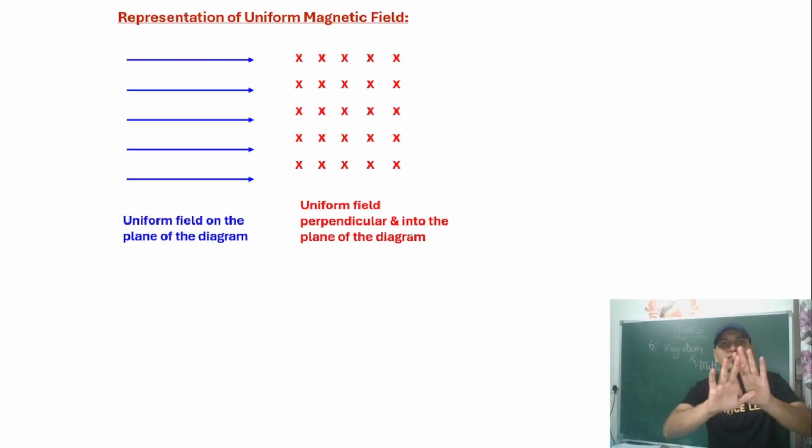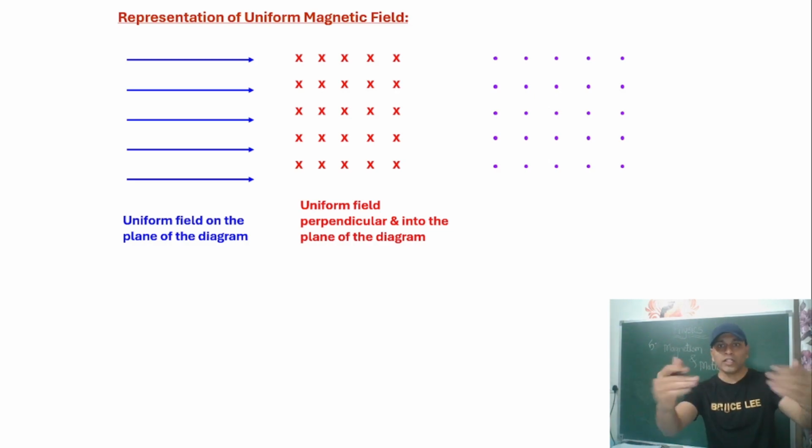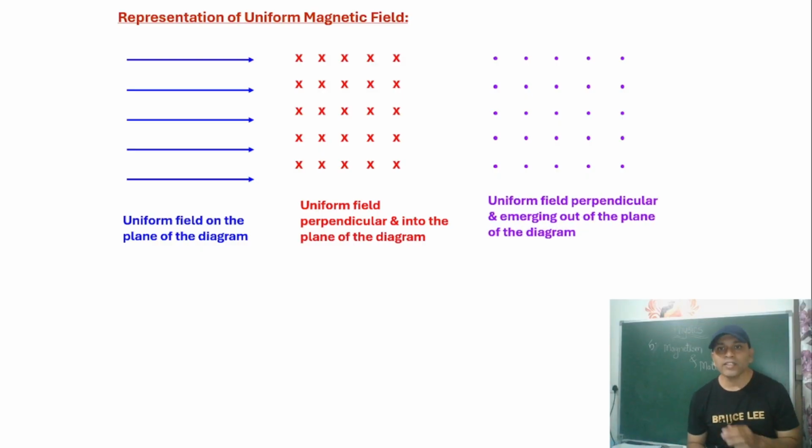The next is this one, dotted. Dotted means the field is coming towards me. The plane is this one and the field is coming towards me, so it is directed outward of the plane. So we have the uniform field perpendicular and emerging out of the plane of the diagram.